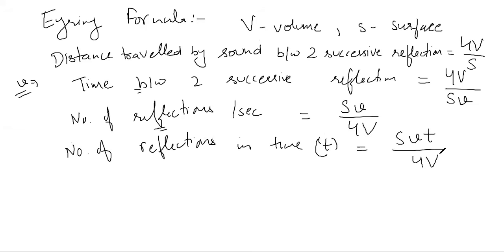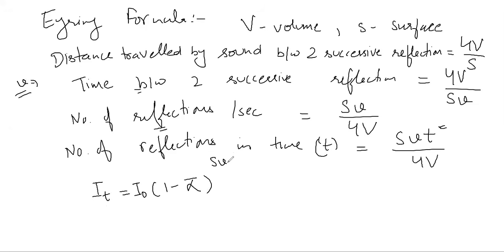From the previous slide, we know what would be the relationship between your intensity after a certain number of reflections and the initial intensity, right? So from here at time t, these many number of reflections happened, right? And now we are saying that if alpha bar is the average absorption coefficient of that room, then my intensity would be I naught multiplied by 1 minus alpha bar raised to the power number of reflections.